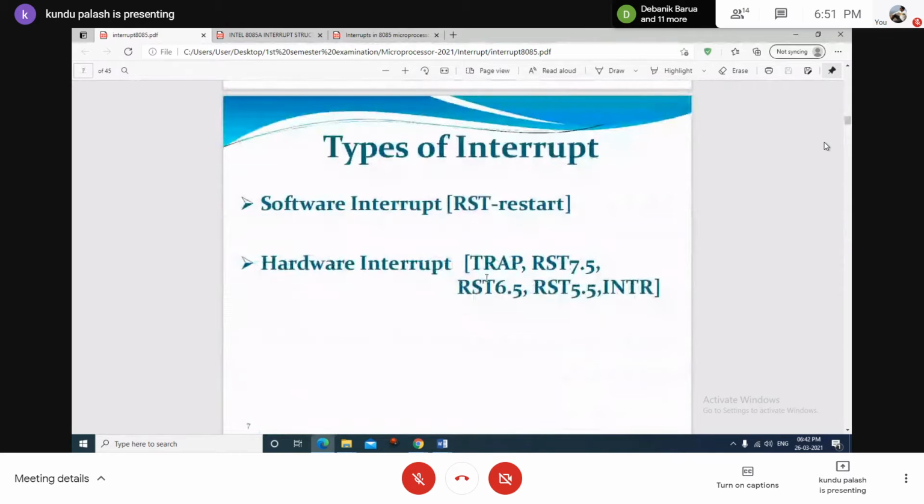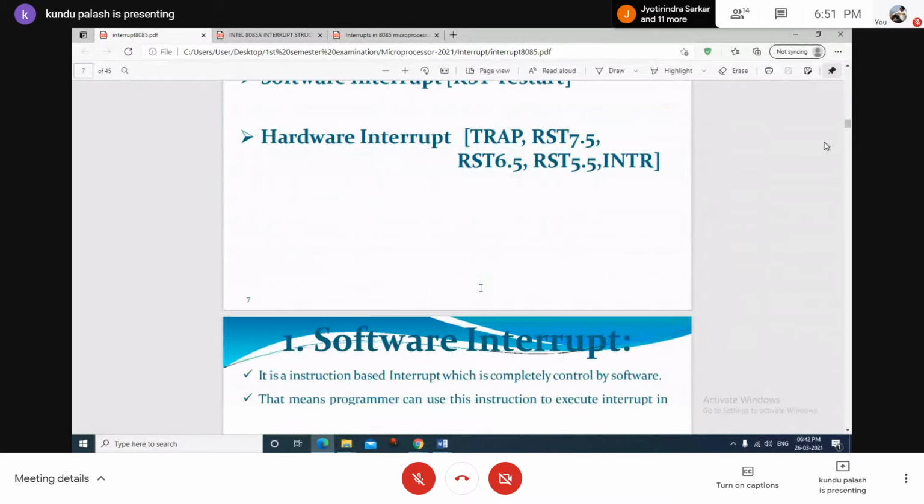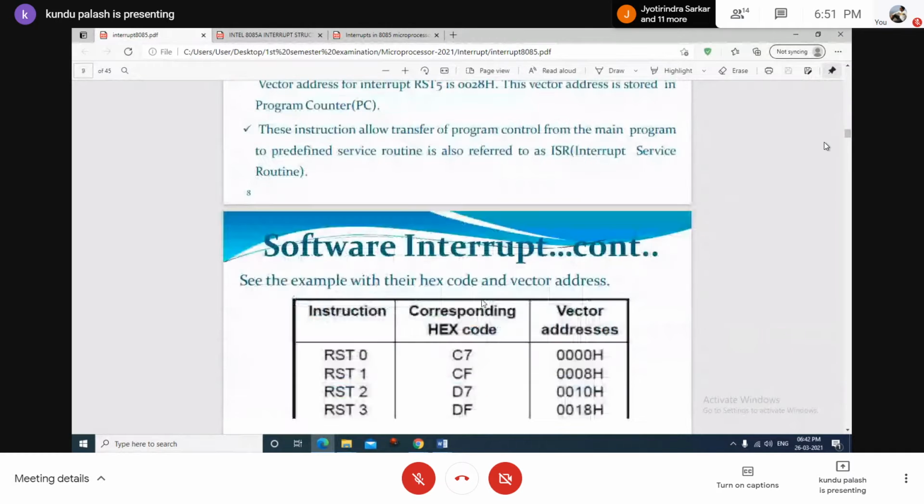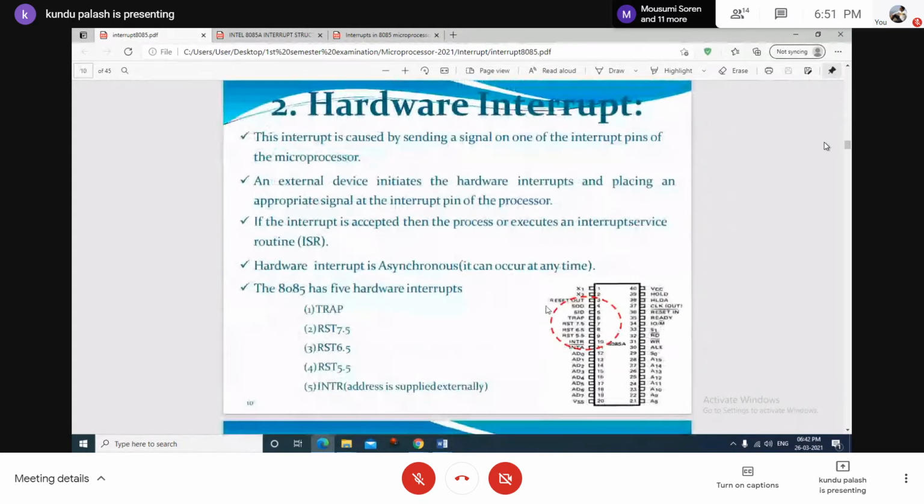But a purely physical interrupt, or hardware interrupt, is initiated by the occurrence of a particular signal. What are those signals? The pin function names are TRAP, pin number 6, RST 7.5, RST 6.5, and RST 5.5, as well as INTR.